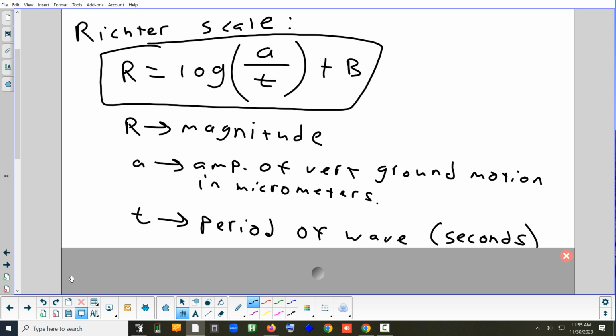Another way to think of it is if you were on a lake and somebody dropped a huge rock at the other end, the waves are going to come towards you. However often the waves are hitting your boat, that's the period of the waves. Maybe the boat gets hit every 3 seconds with another wave. They get weaker as time goes on, but that's the period of the wave.